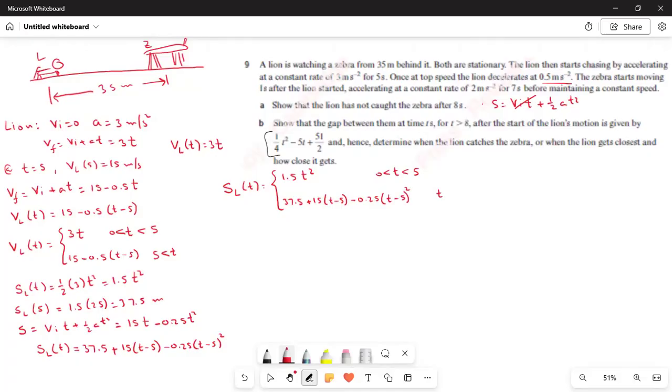This is when t is more than 5. Okay, so this is about the line, its distance and its speed as a function of time.